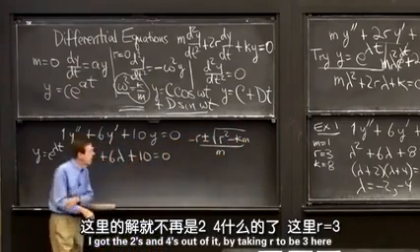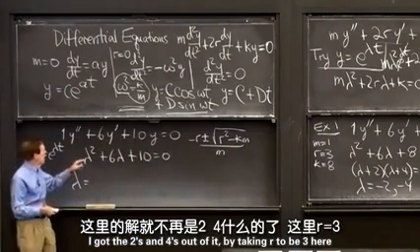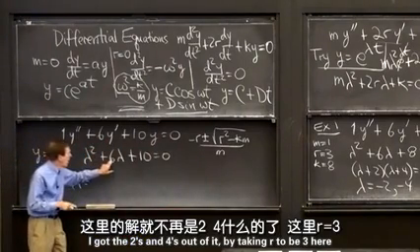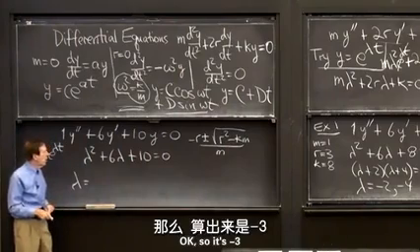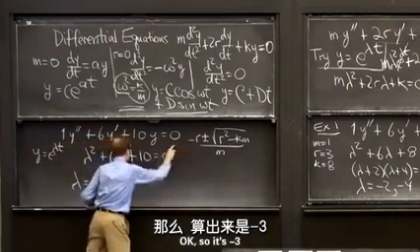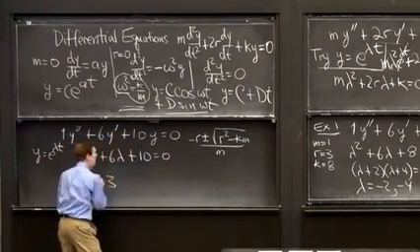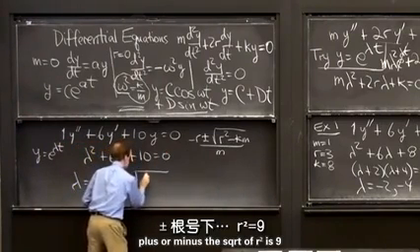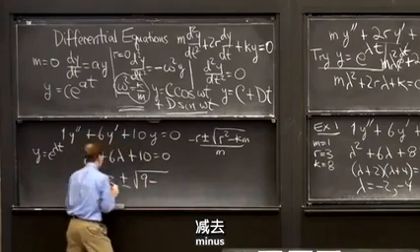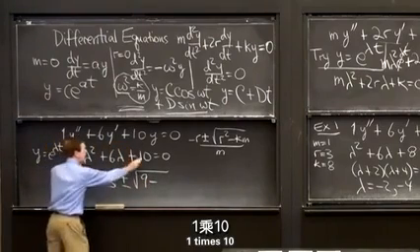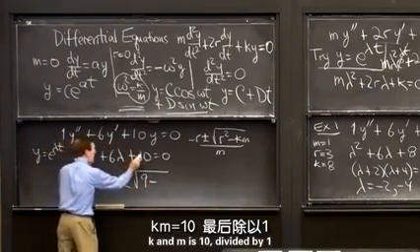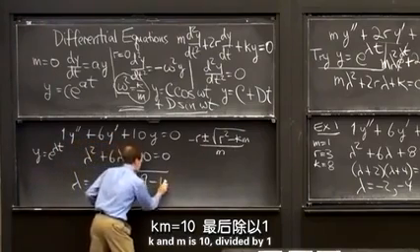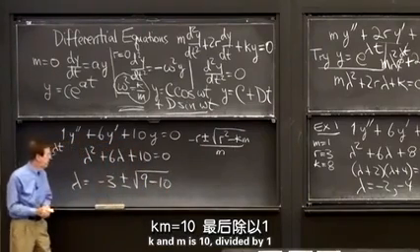I got the 2's and the 4's out of it by taking r to be 3 here. So it's minus 3 plus or minus the square root of r squared, which is 9, minus 1 times 10, k over m is 10 divided by 1.